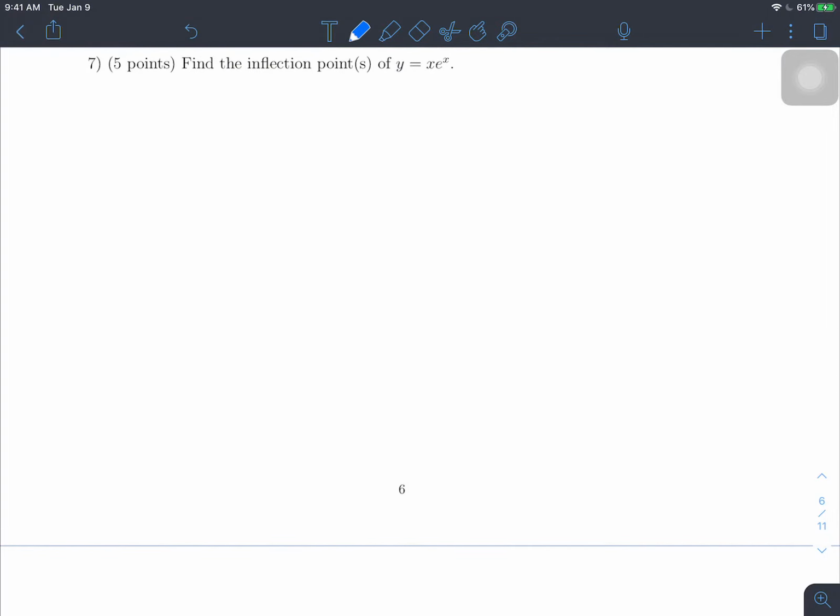Okay, so find the inflection points of y equals x e to the x. Okay, so I know that the definition of an inflection point is when f double prime changes sign.